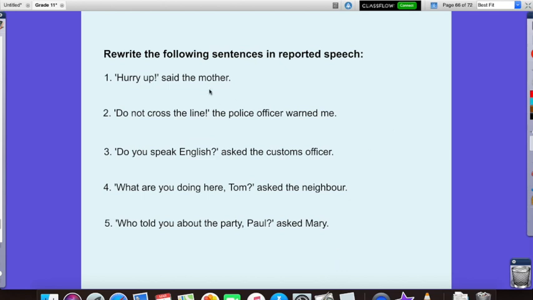The correct answer is the mother told him to hurry up. Second sentence. Do not cross the line. The police officer warned me.